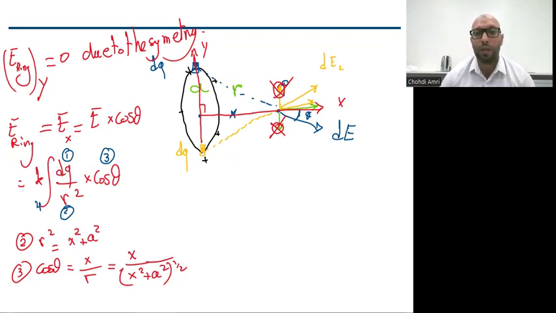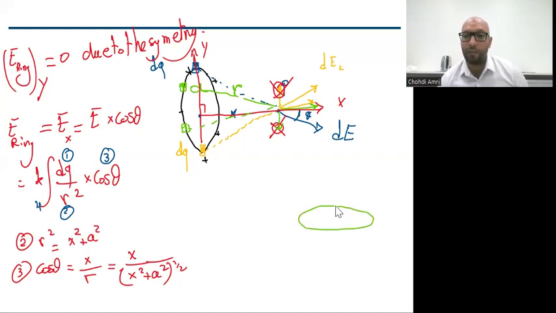dq, if we change the location of dq from one to another location, if we take, for example, this dq here, we will get the same r and the same theta because we are talking about 3 dimensions. If we take dq here, we have the same r and the same angle.